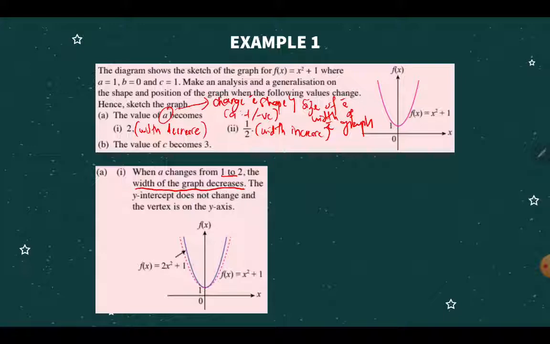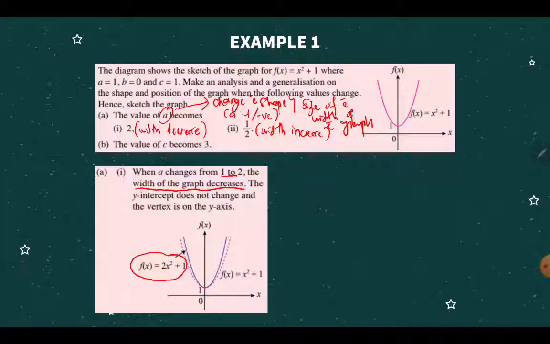The dotted one is the original, and the width of the graph became smaller. The blue one is the new one. So the final function here is f(x) equals 2x squared plus 1.